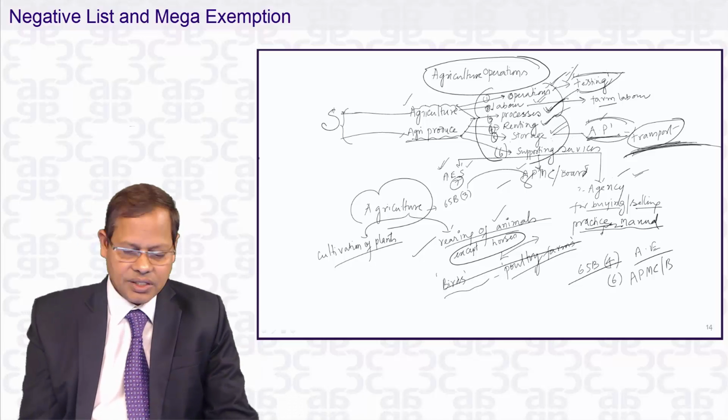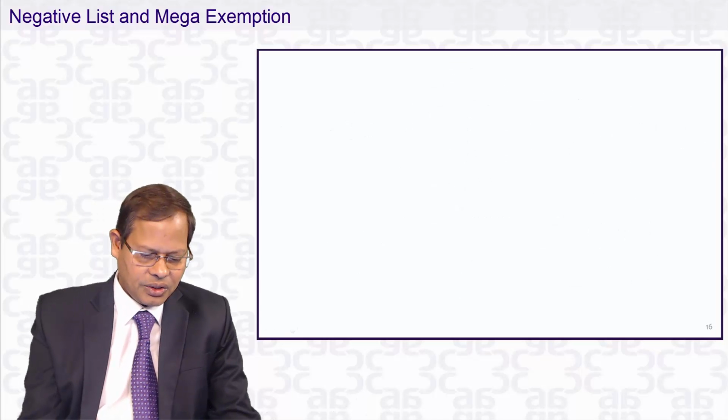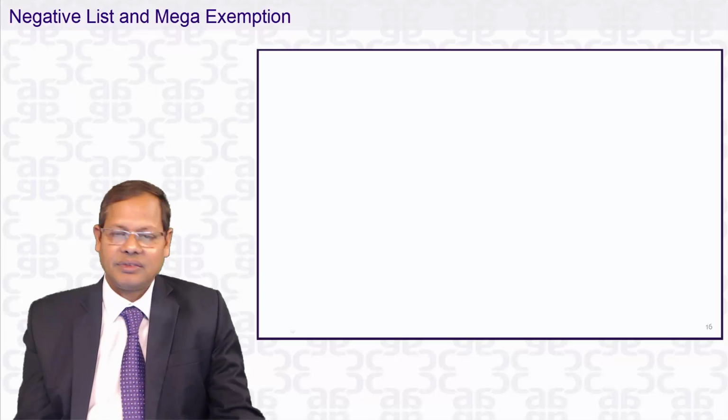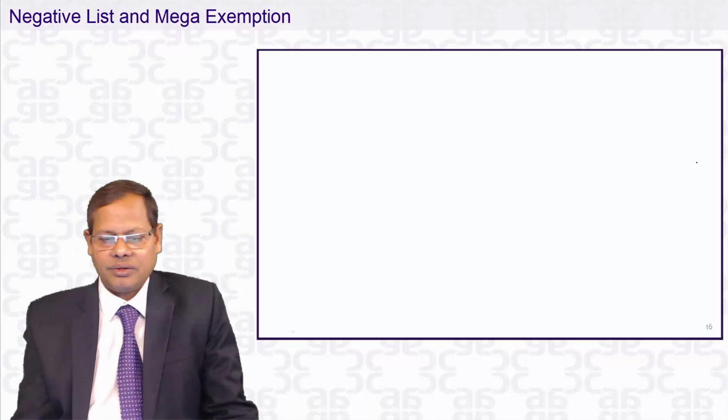And now what else do we have to see? We have to correlate or relate this to mega exemption. Is there anything exempt? Yes, we have to look into the mega exemption category also. What are the things under mega exemption? Look at entry number 30A, relating to job work.